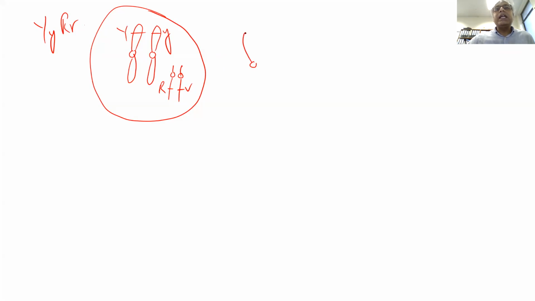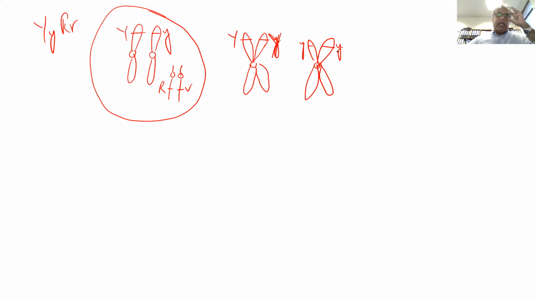If this is F1, this is the cell when it will undergo meiosis. In meiosis, during the DNA replication, we get complete duplication of the genome. Sorry, capital Y, not small y. And this is how chromosomes look at metaphase. These are homologous chromosomes.